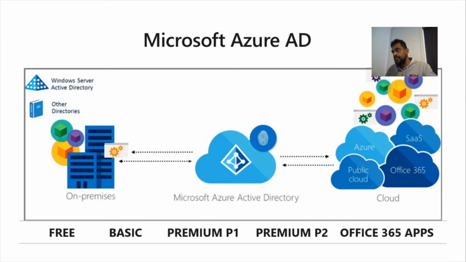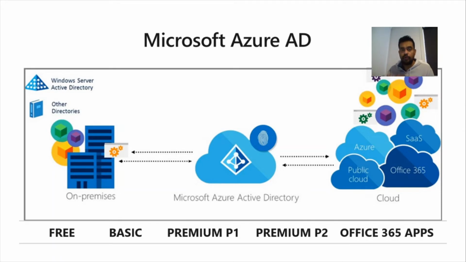Office 365 is a combination of applications offered by Microsoft, starting with Word, Excel, PowerPoint, and Delve, and now Power BI, SharePoint Online, Exchange Online, and OneDrive. All these come as part of Office 365.